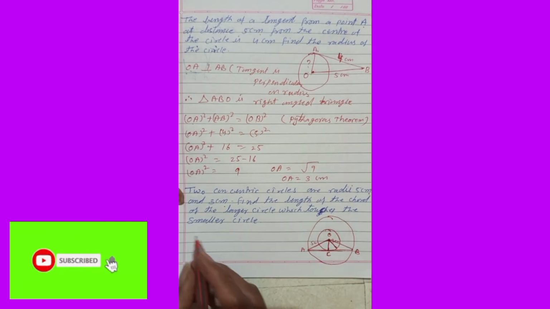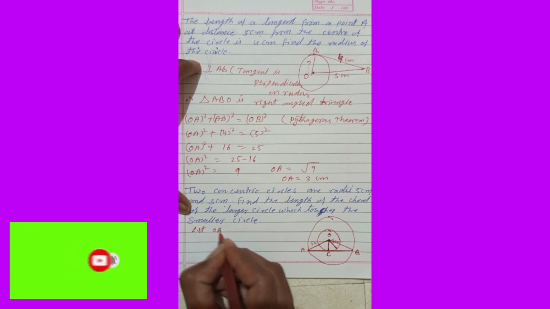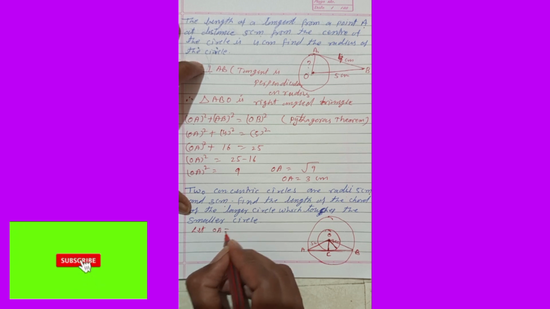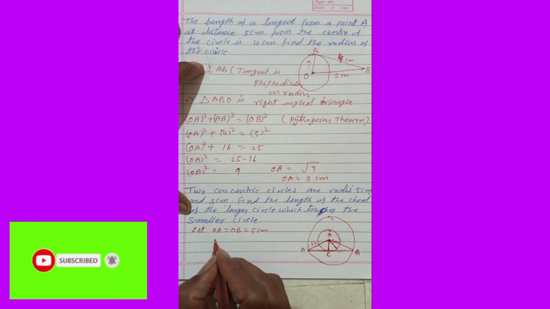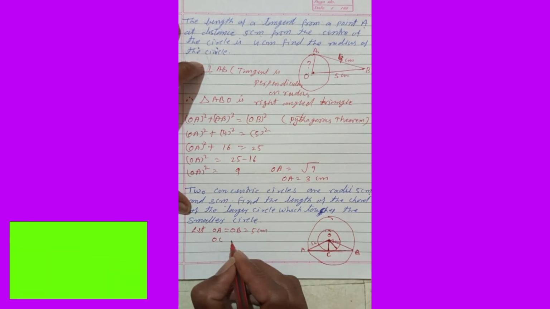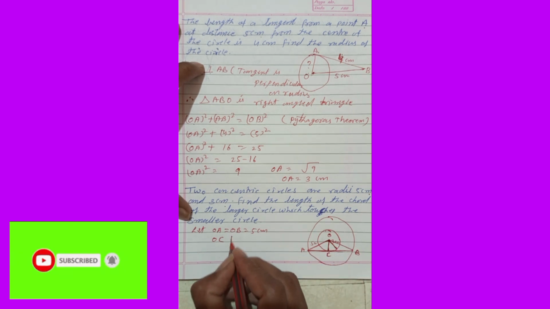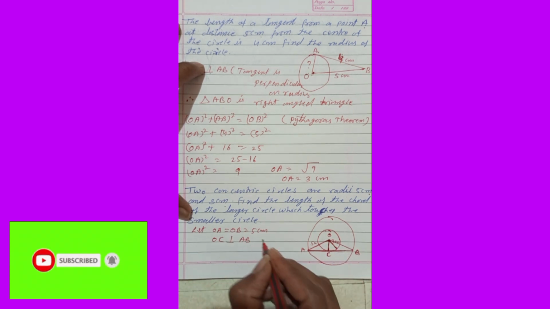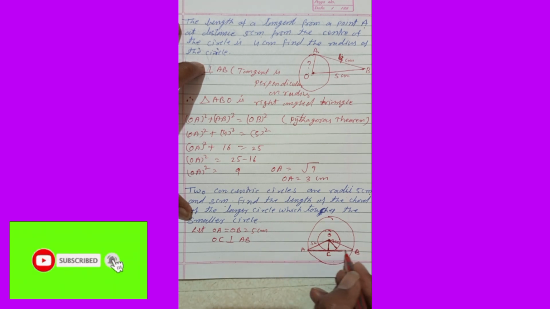Now we are writing that OA is equal to OB, 5 centimeter. It is given. Now C is the contact point, then OC is the radius and AB is the tangent. OC is perpendicular on AB. Why? Because a tangent is perpendicular on the radius. It is a tangent to the smaller circle and a chord for the bigger circle.